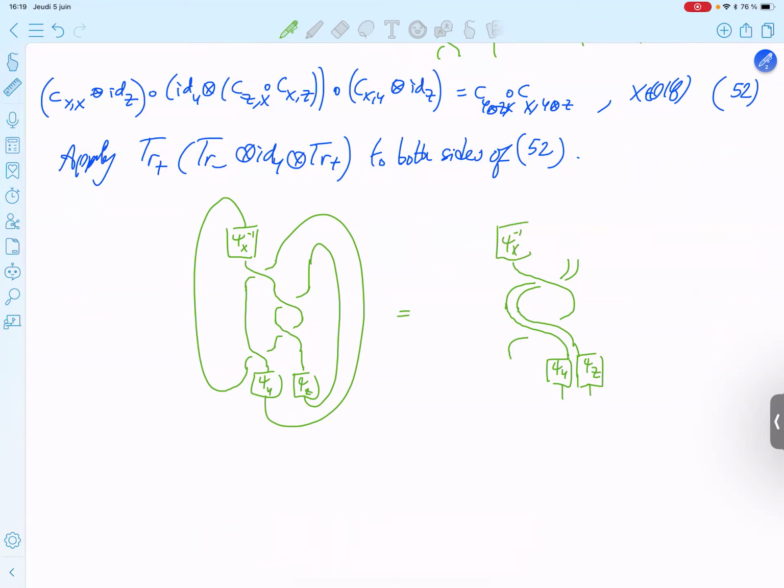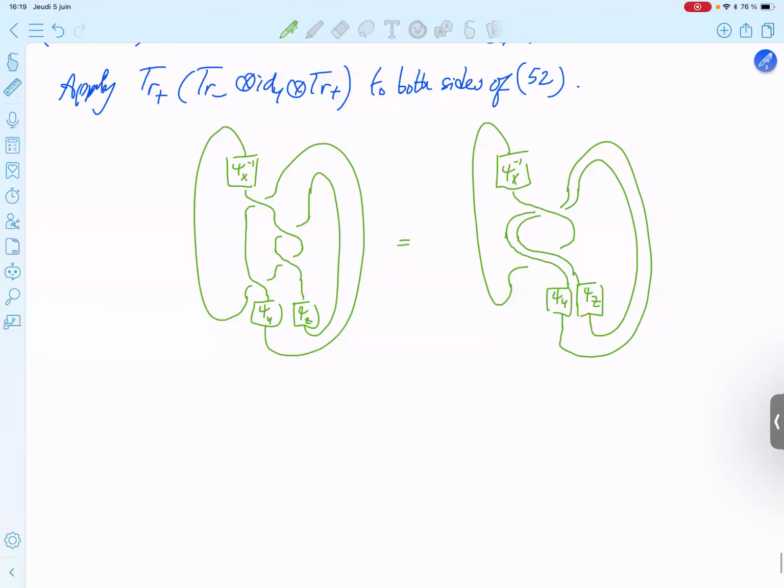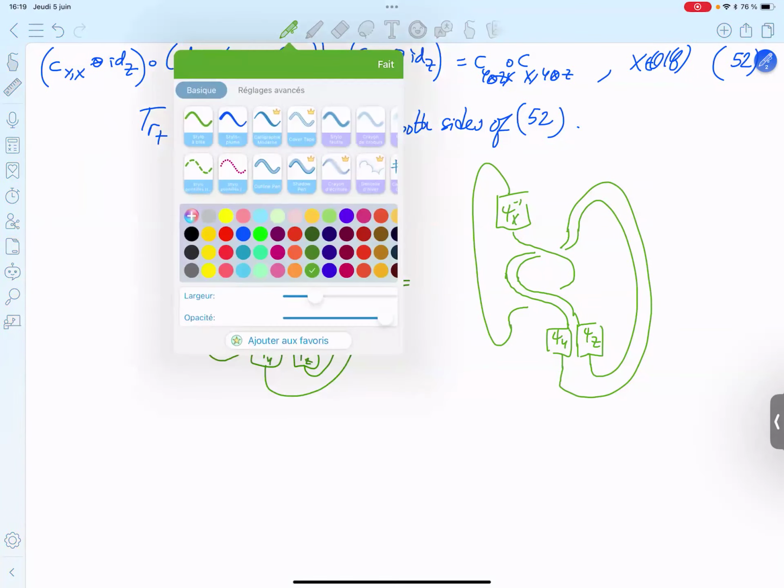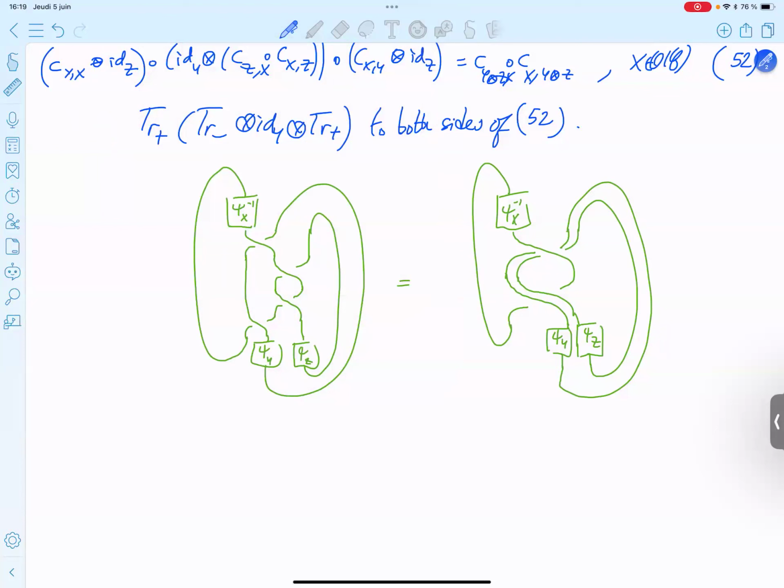Here it's okay. So you get that and like that. Okay. So the application of this kind of trace provides this picture. Okay.